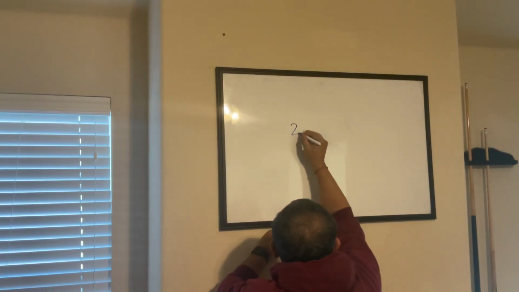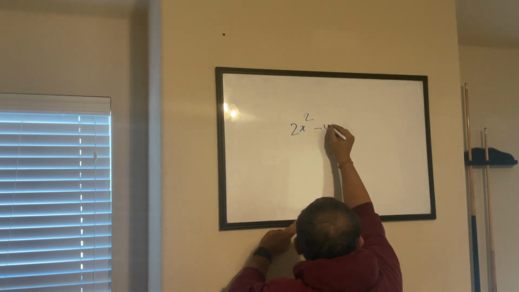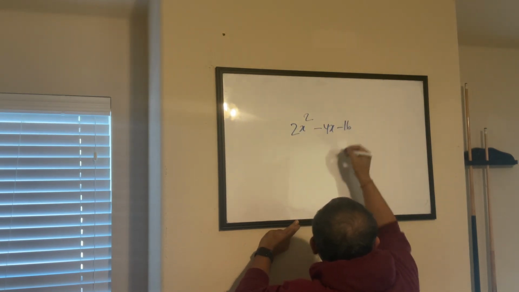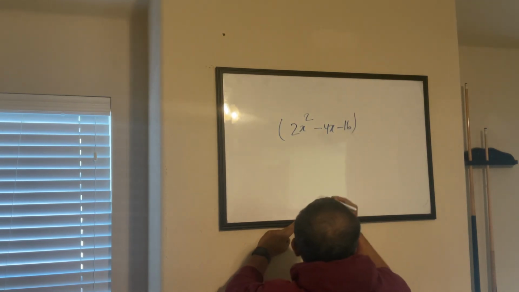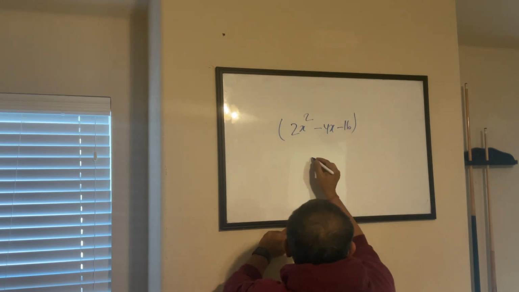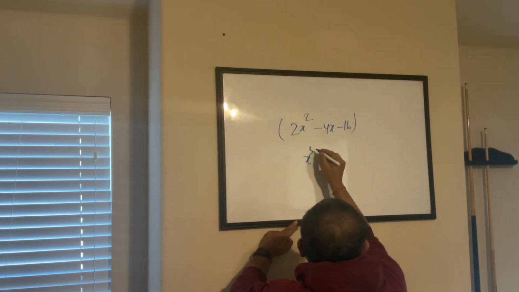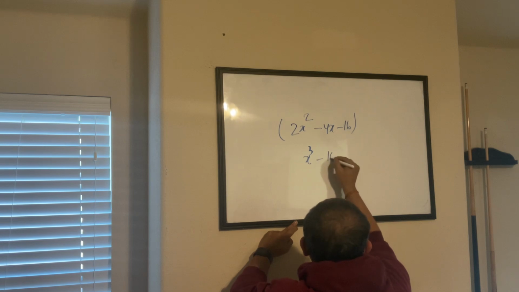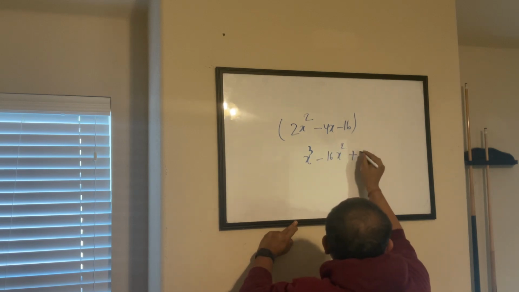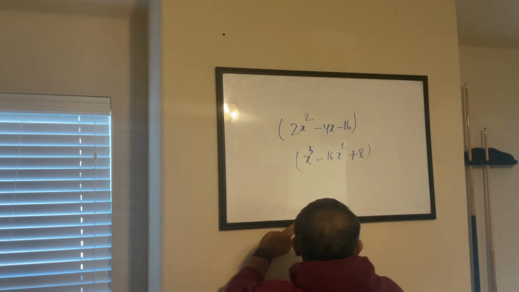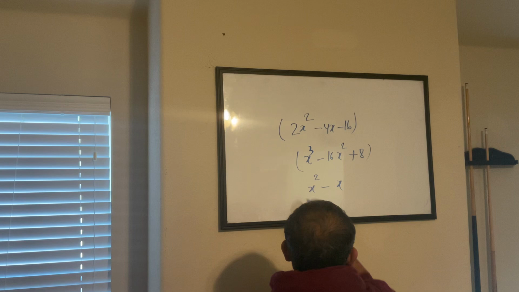So if I have a polynomial, let's say 2x squared minus 4x minus 16, this is one polynomial, and then I have another polynomial which is x cubed minus 16x squared plus 8, and I have a third polynomial which is x to the power 2 minus x. So there are three polynomials.